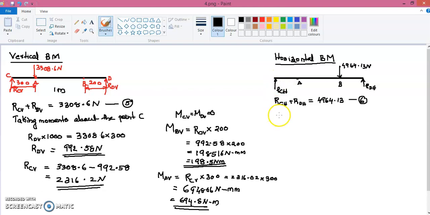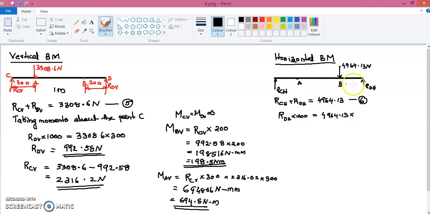So I can write it as RDH into 1000. That is the distance between this point C and D, 1 meter. So RDH into 1000 is equal to 4964.13 into this distance.